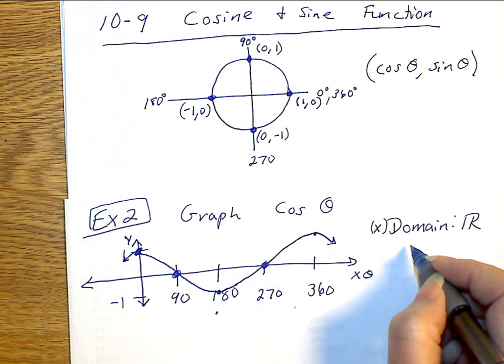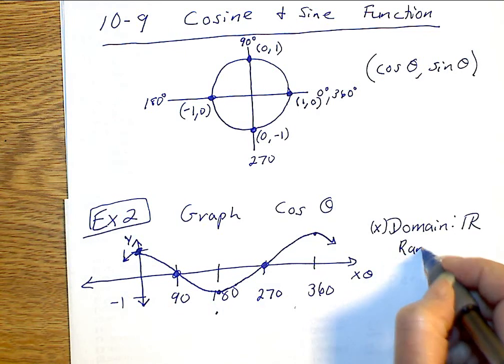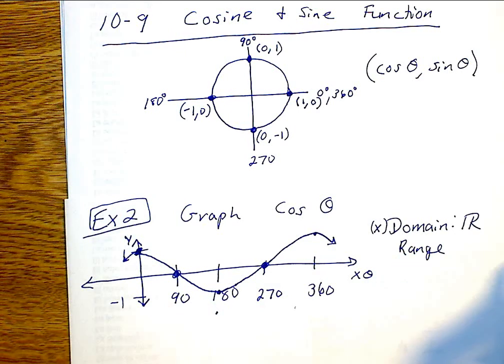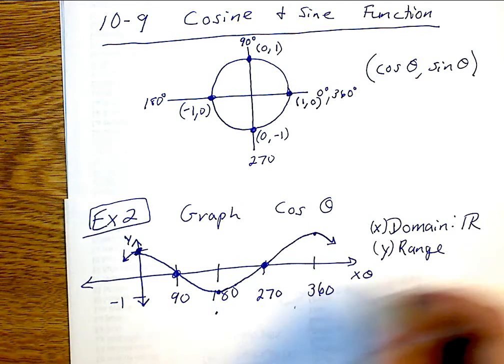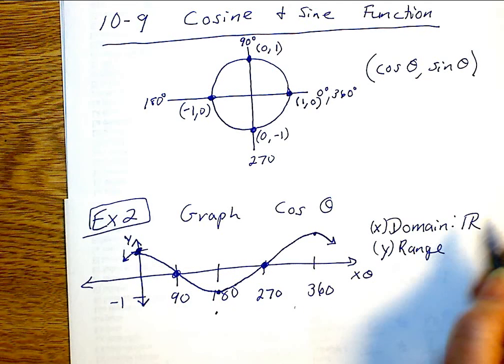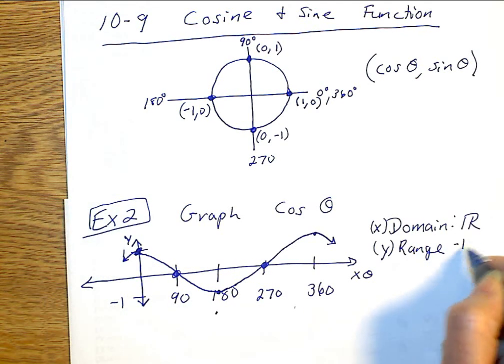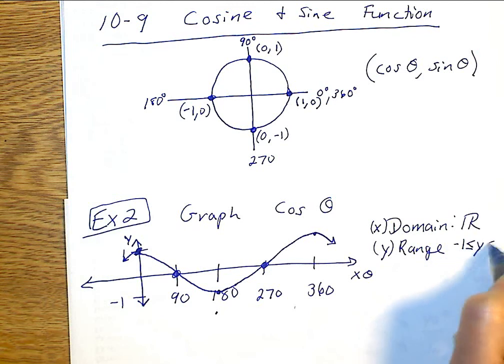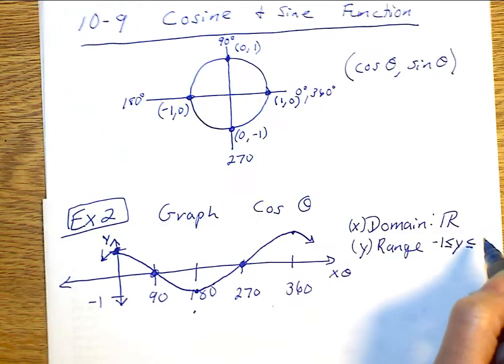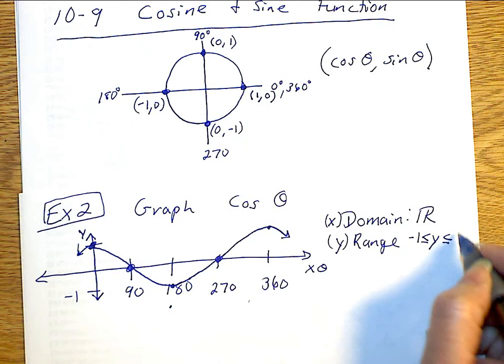My range is my y values. Sean, what do my y values go from? So it goes from -1 to 1. Yep. So my range is -1 is less than or equal to y, which is less than or equal to 1. I had to move it over, sorry.